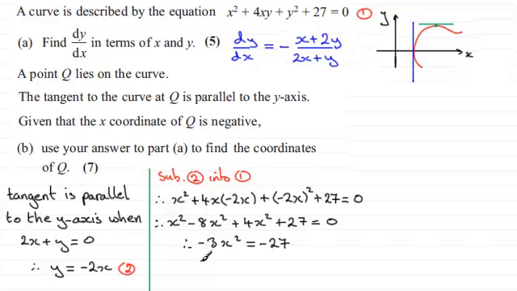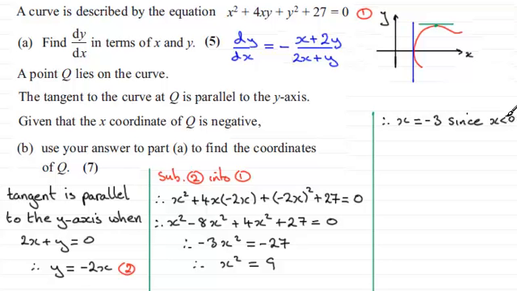Dividing through by minus 3, we end up with x squared equals 9. Taking the square root of 9 would normally give plus or minus 3, but we're told that x is a negative value, so x must equal minus 3, since x is less than 0.